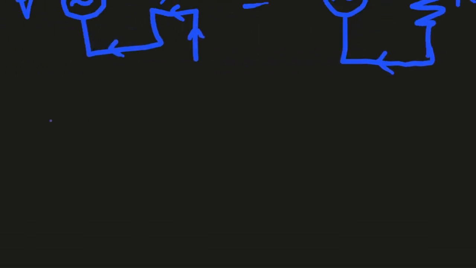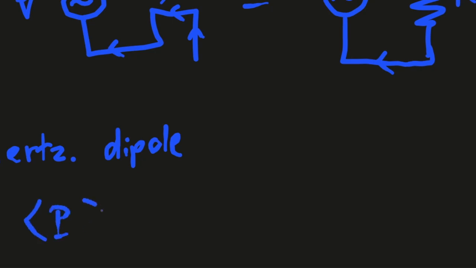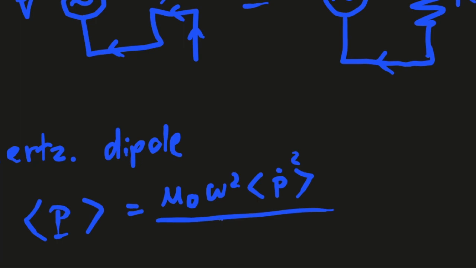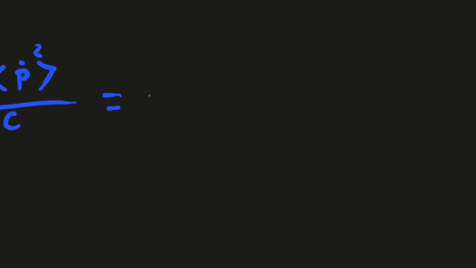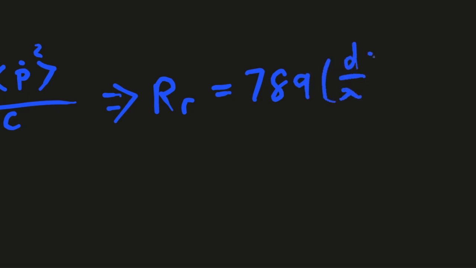So for example, if you take a Hertzian dipole, then previously we had that the radiated power is μ₀ω²ṗ² over 6πc, and I'm just going to skip the steps and tell you that the radiation resistance is going to be 789 (d/λ)² Ω.